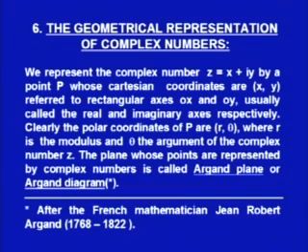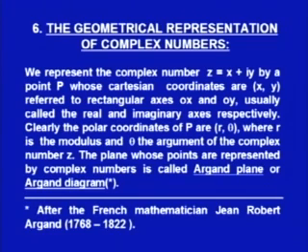We represent the complex number z, x comma y or x plus i y, by a point whose Cartesian coordinates are x and y, referred to the rectangular axes Ox and Oy, usually called the real and imaginary axis respectively. Clearly, the polar coordinates of P are r and theta, where r is the modulus and theta is the argument of the complex number z.